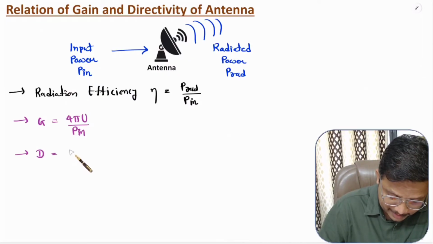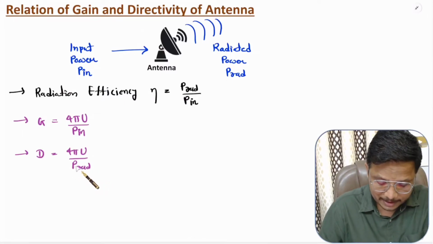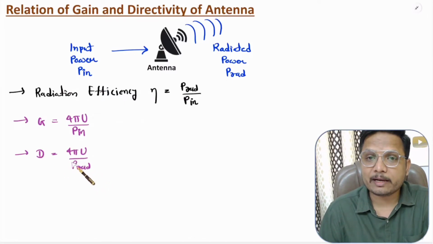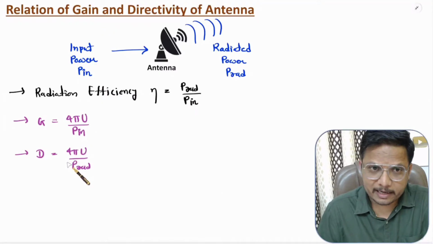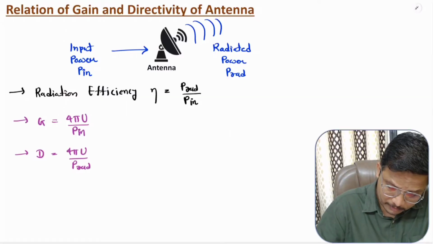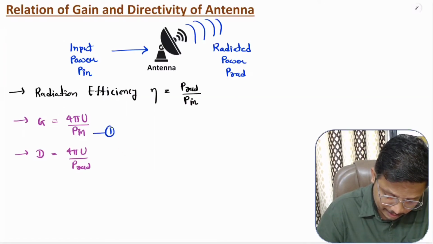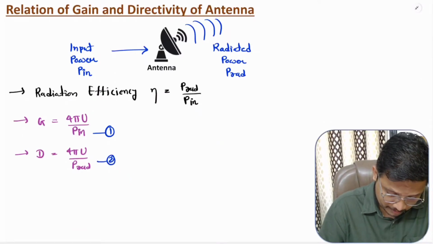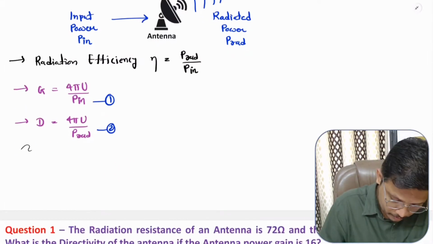Directivity of antenna is 4 pi U divided by radiated power, right? That is what I explained in my last video. Directivity is 4 pi into radiation intensity divided by radiated power of antenna. Based on these two equations, one can calculate the relation. Here what we will be doing is dividing equation 1 by equation 2.